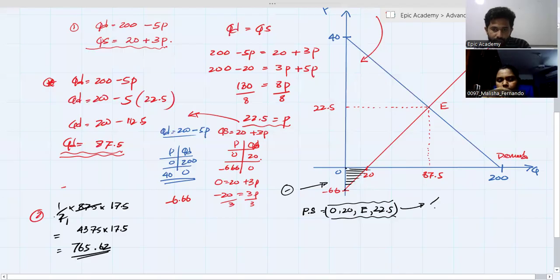Just get the value of height and length without thinking about the minus values. Okay, without thinking about the minus value, get the area value. So that means half into height, I will take this one.